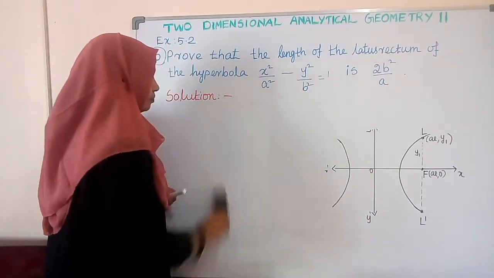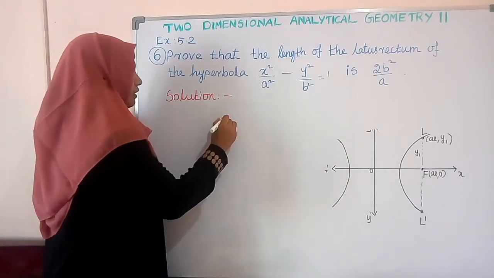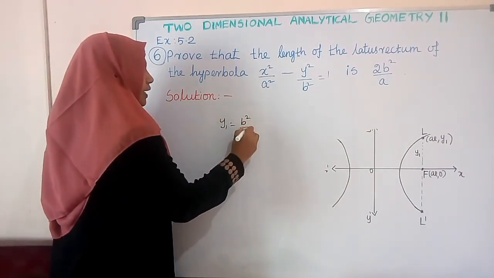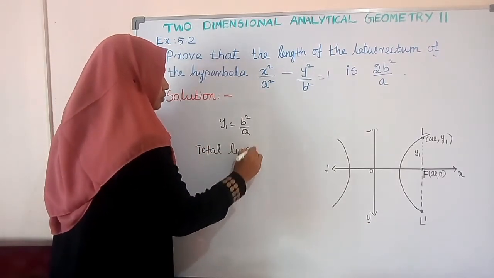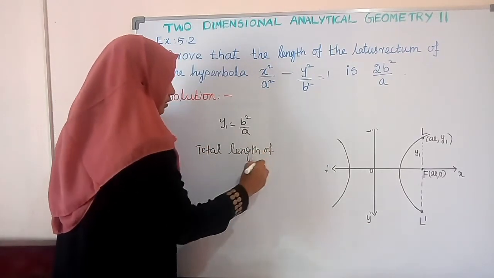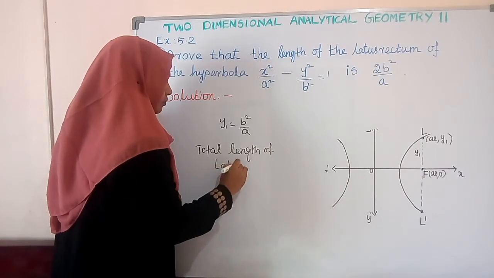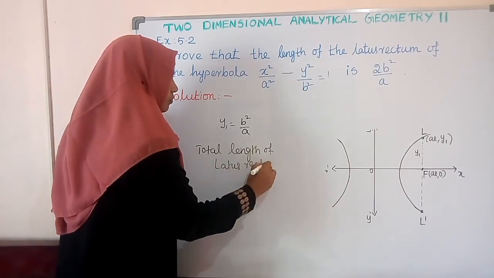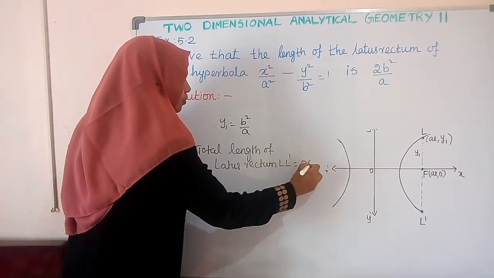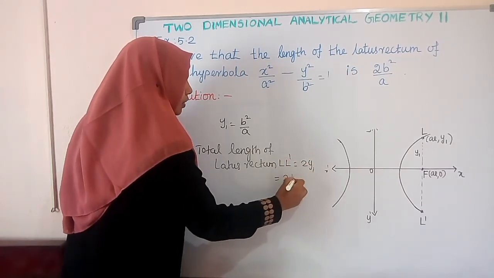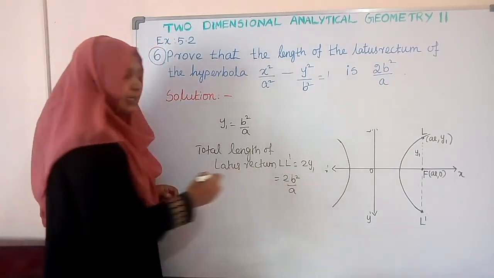It is y1 is equal to b square by a, means total length of latus rectum L dash is equal to 2y1, which is nothing but 2b square by a.